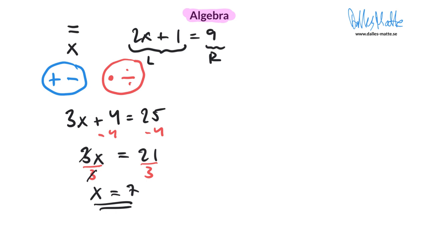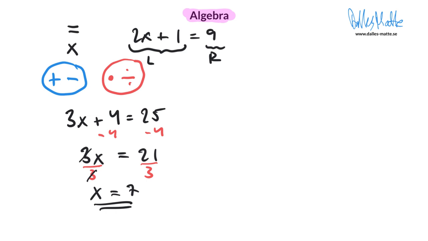And the next step is that you can get variables on both sides of the equal sign. And then the trick is to save the variables on the side of the equal sign where you have the most positive variables. We do an example to show this also.